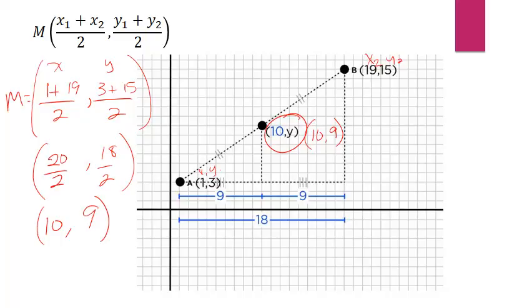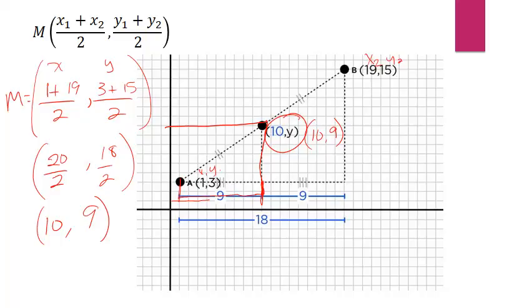And if we count, we can see that this is 1, 2, 3, sorry, we need to count from here. 1, 2, 3, 4, 5, 6, 7, 8, 9, and that's where we are, and we're up 10.